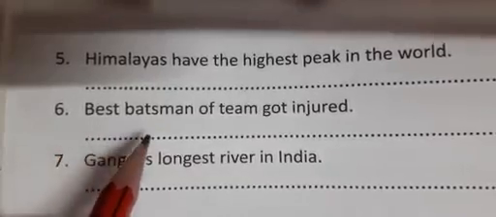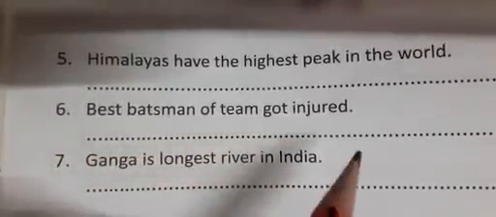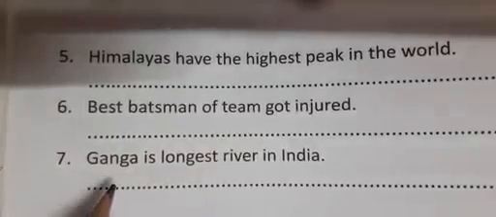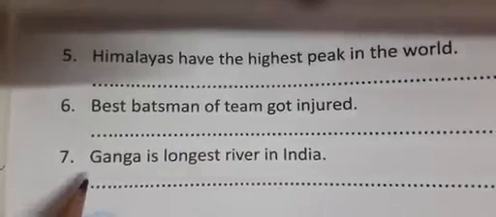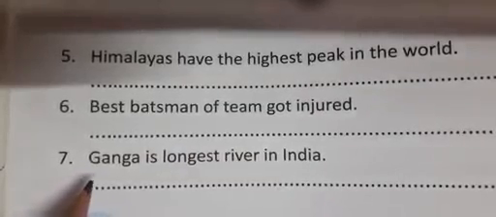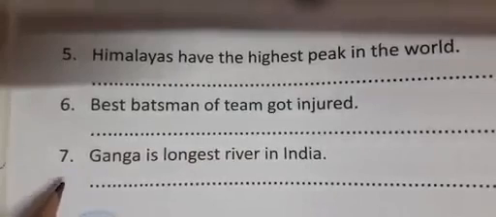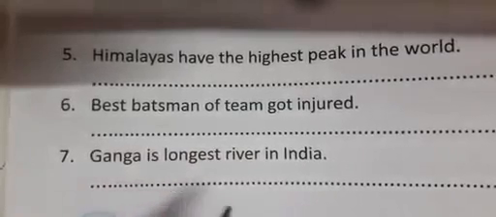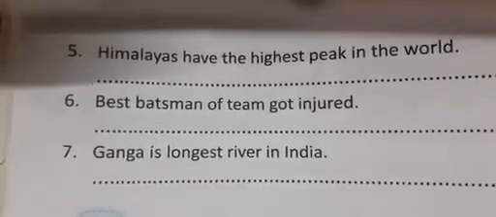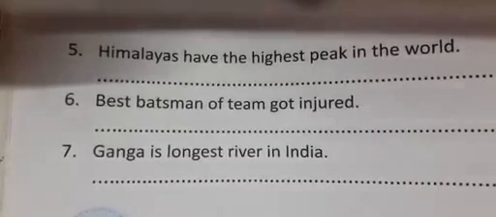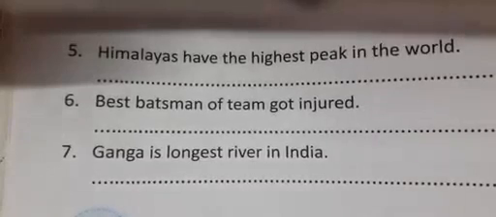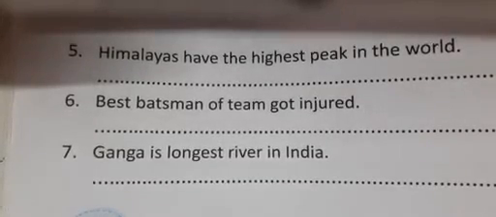The best batsman of the team got injured. Seven: Ganga is longest river in India. Ganga is a famous river. That's why we will use the: The Ganga is the longest river in India. Okay. So dear students, complete these questions in your book and learn the use of the.